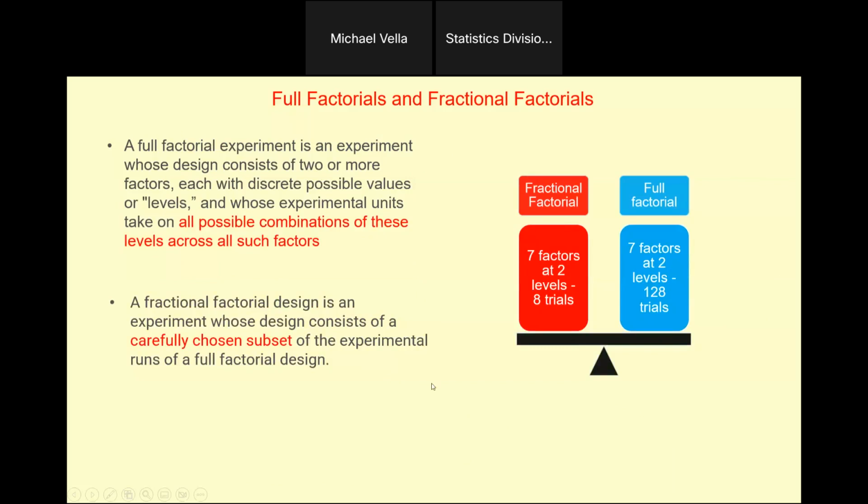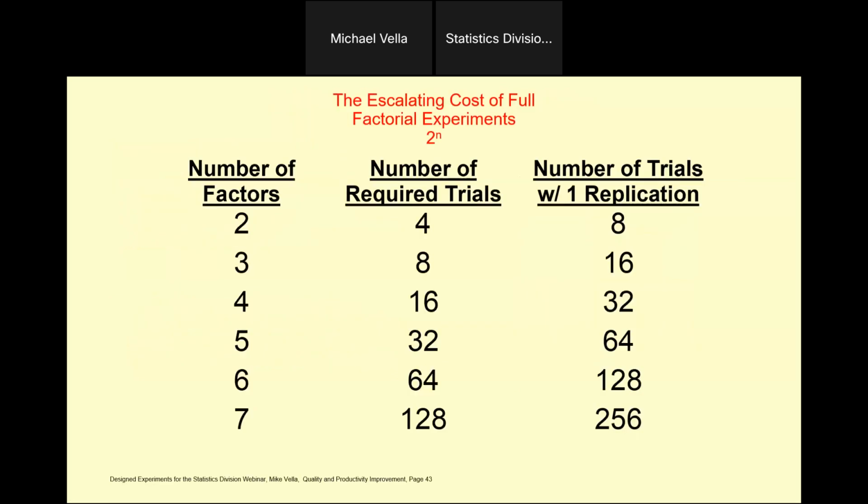So a little picture here, a full factorial, we would run 7 factors at 2 levels. We'd have to run 128 trials, while a fractional factorial of 7 factors at 2 levels, only 8 trials. So you can see the advantage of running a fractional factorial over a full factorial.